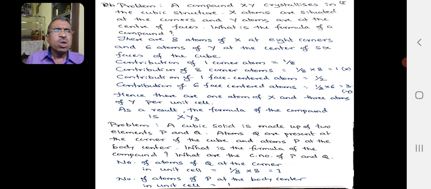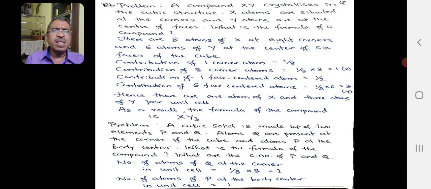What are the coordination numbers of P and Q? In this case, it is clearly given. The number of atoms of Q at the corners in the unit cell is 1 by 8 into 8, which is equal to 1. That means the Q atoms are 1 in the unit cell.